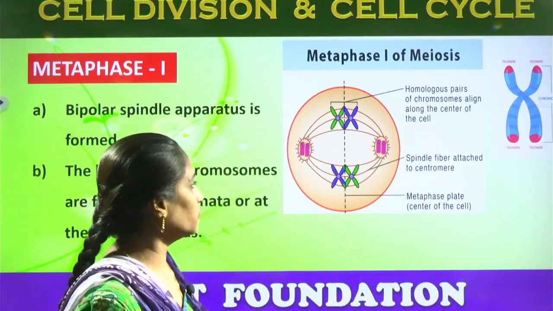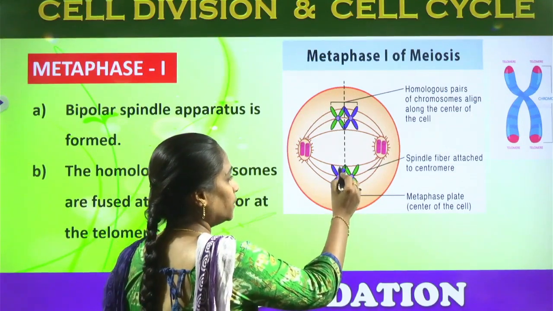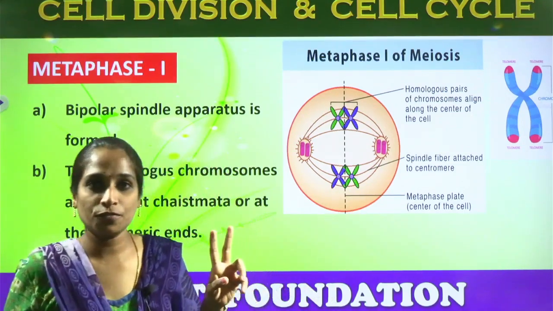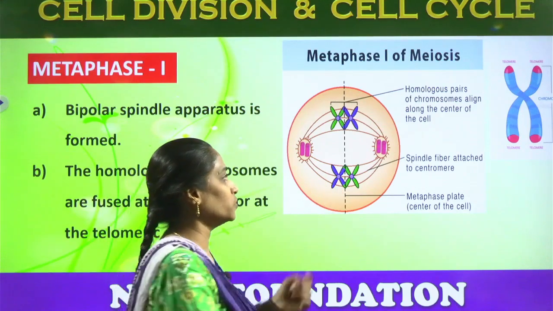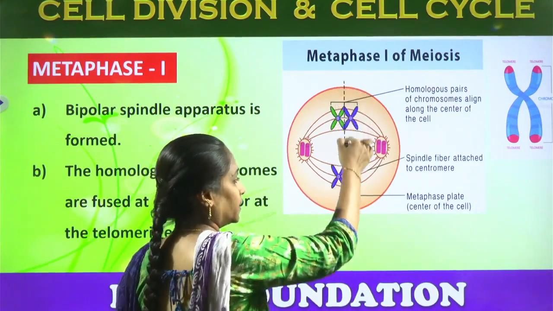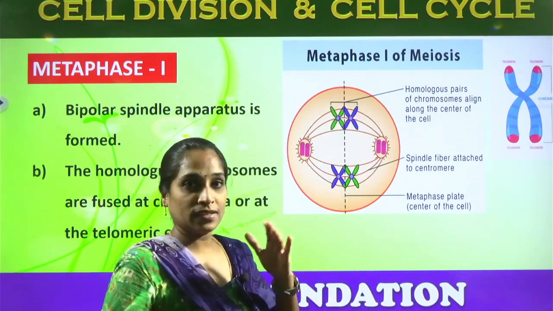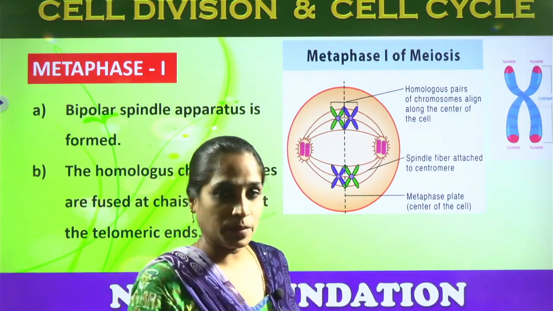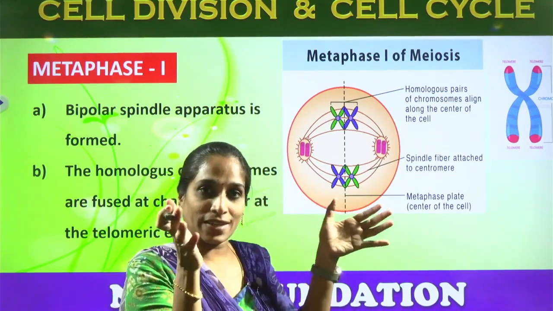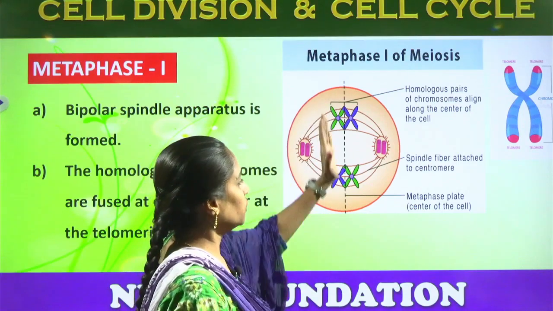Here we can observe the complete combination of two sets of chromosomes. Two sets of chromosomes are meeting exactly at the equatorial plate. As the stage comes towards the equatorial plate, the chromosomes move exactly towards the equatorial region.